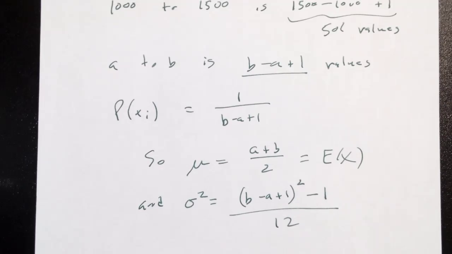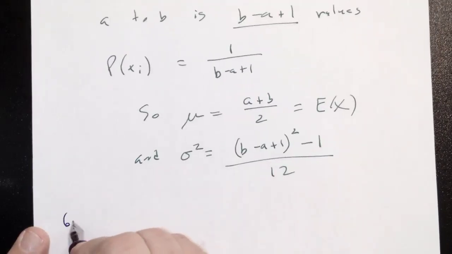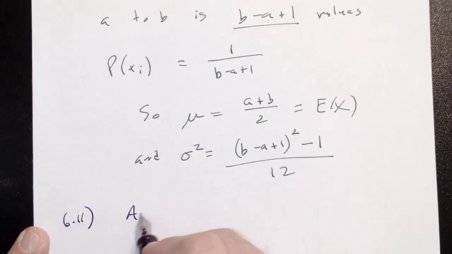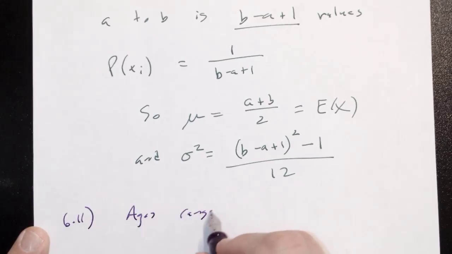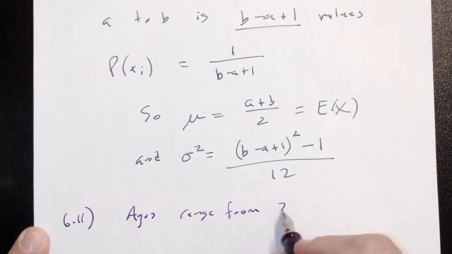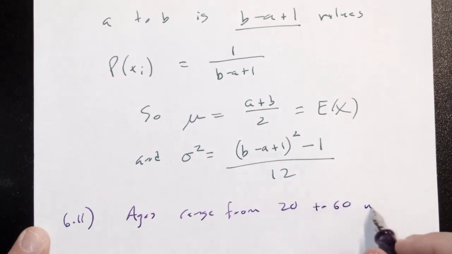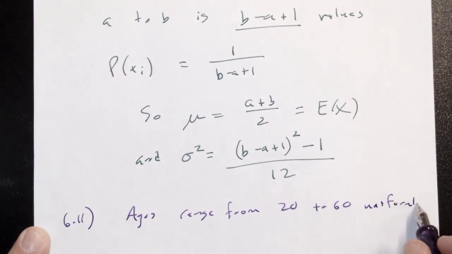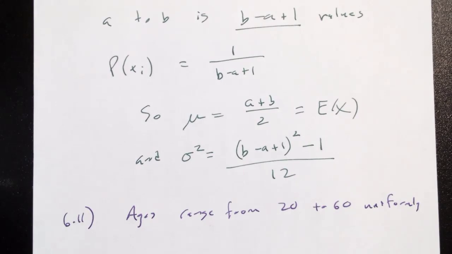Problem number 11 says the ages of programmers of a certain company are between 20 and 60 years old. What's the average age of a programmer? What's the expected age?